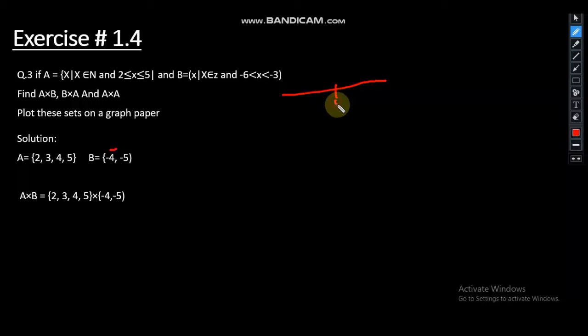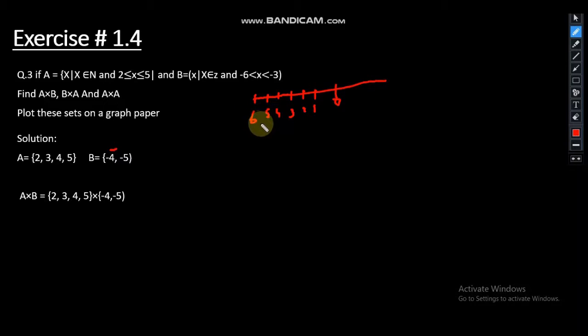This is the point, so 1 2 3 4 5 6. This is the negative side, 1 2 3 4 5 and 6.